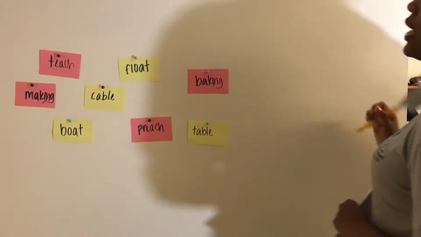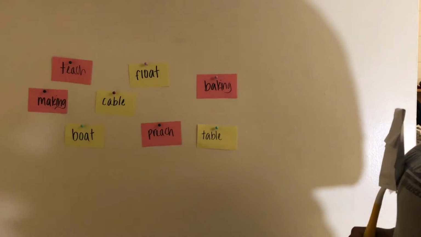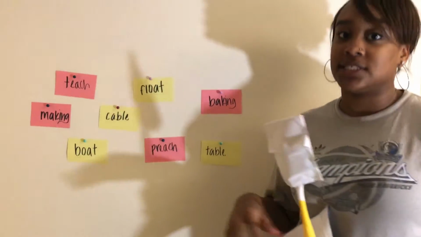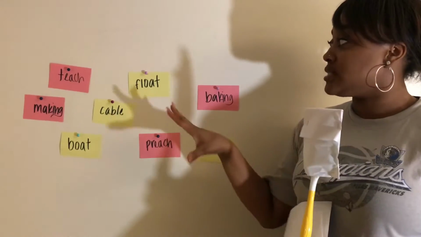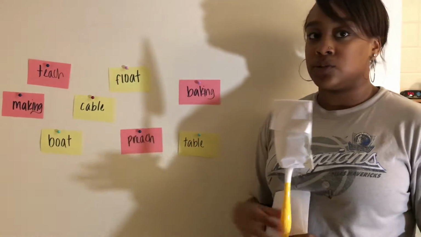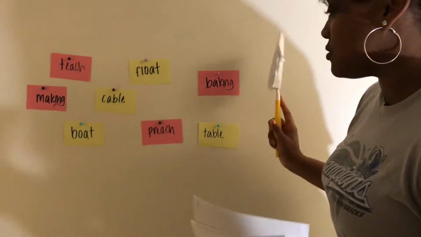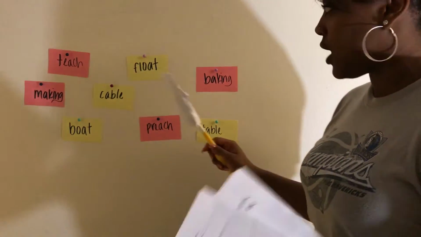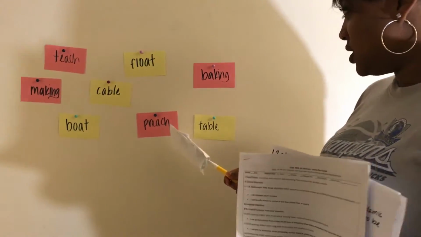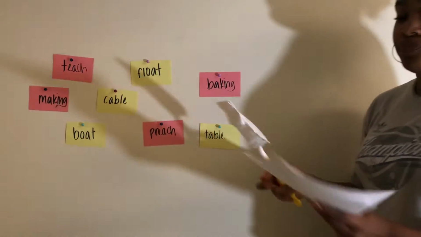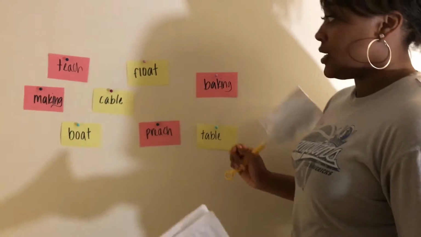For example, the teacher will say one of your sight words, the first sight word is teach. Can you slap the other sight word that rhymes with teach? So the student will slap teach, and they might have to read, making doesn't rhyme. Preach, teach, preach. Oh, teach and preach rhyme, so they will also slap preach. So that's an example of how this game will work.